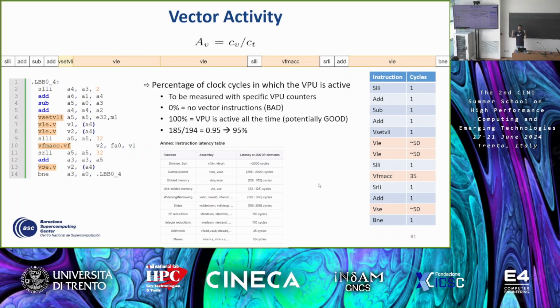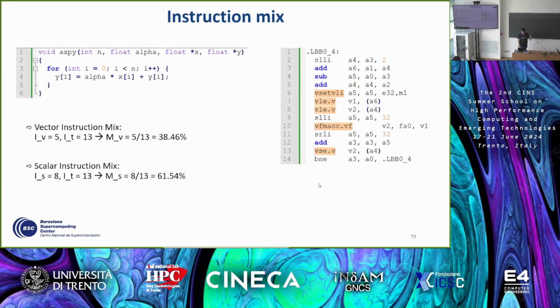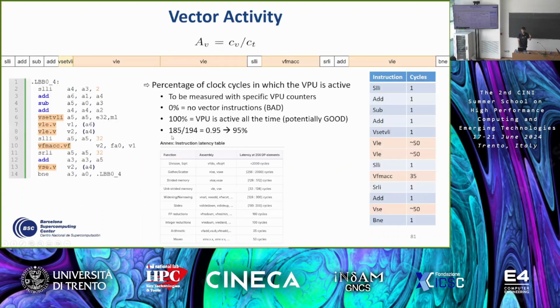So remember, we have 38% of the instructions using 95% of the time. That's good, right? Because you have very few instructions that are instantiating a lot of work.